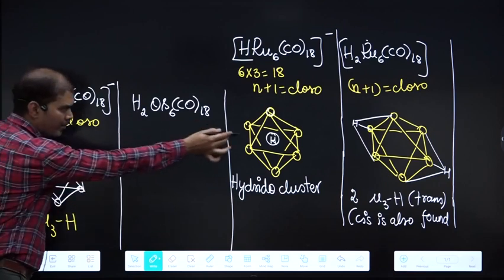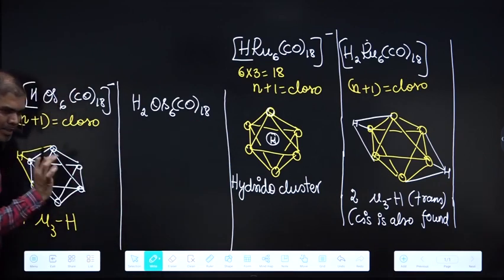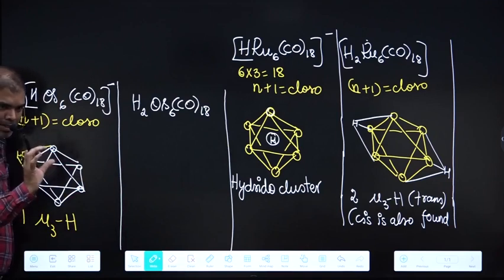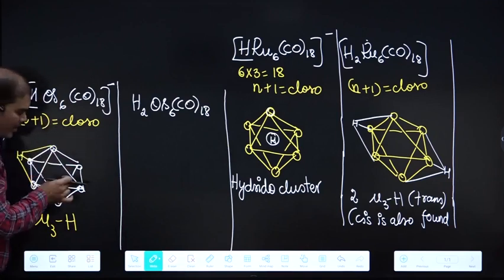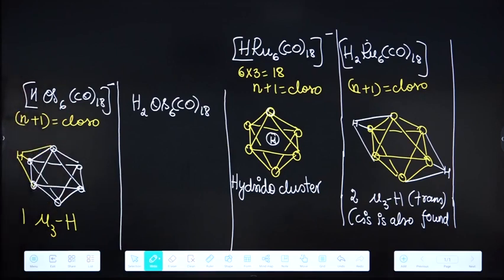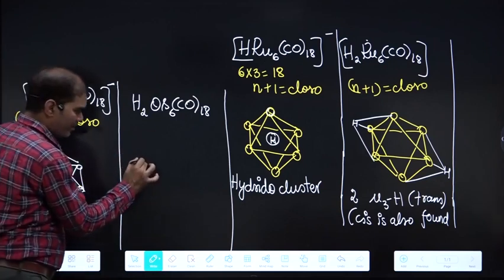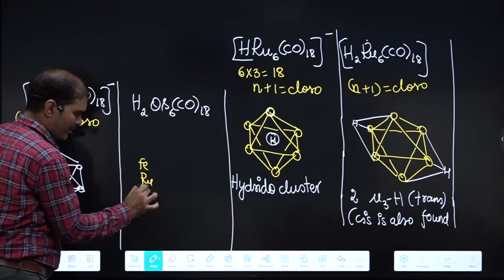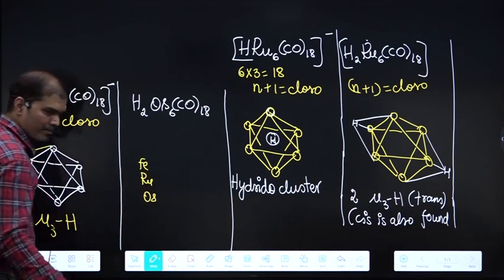Whenever the metal is ruthenium, the same single hydrogen was found to be interstitial. But whenever the metal is osmium, it is found to be triply bridging. So why does that happen? We cannot tell. Because when compared with iron and ruthenium, osmium is larger, right?